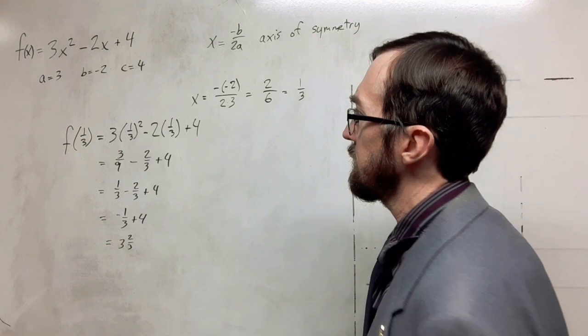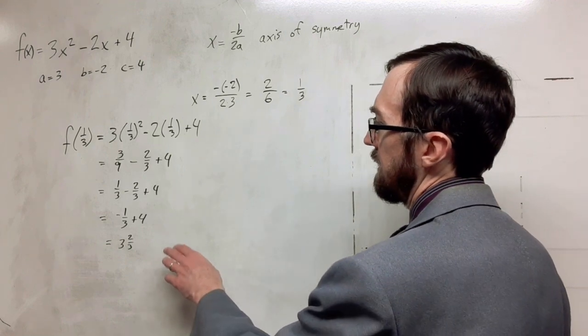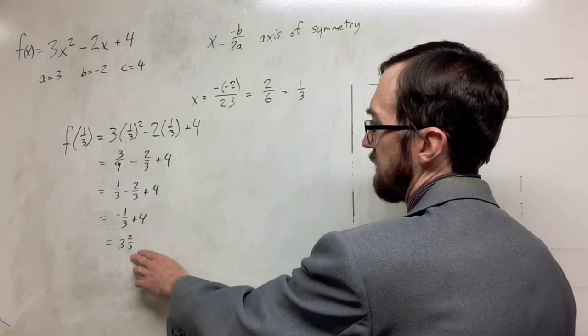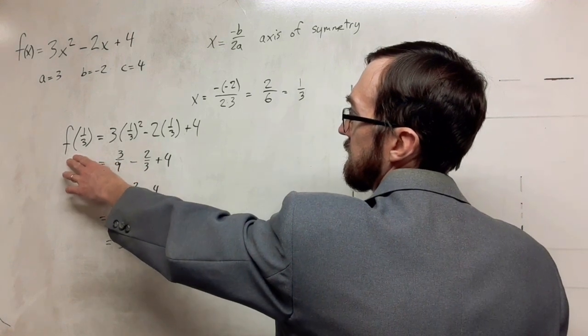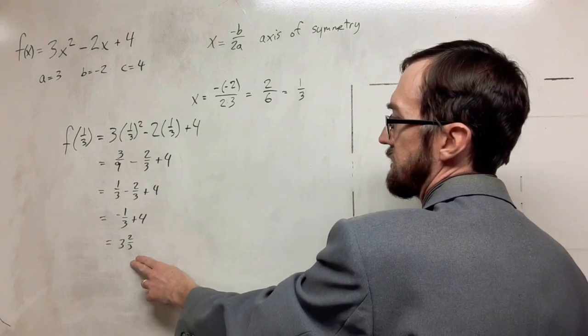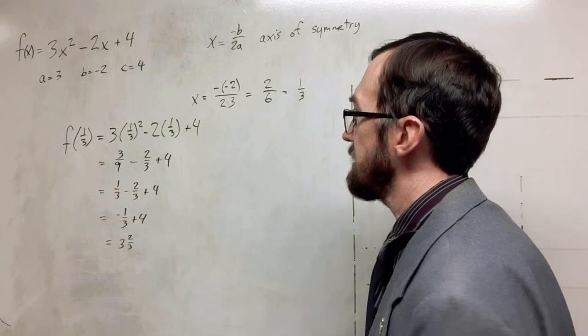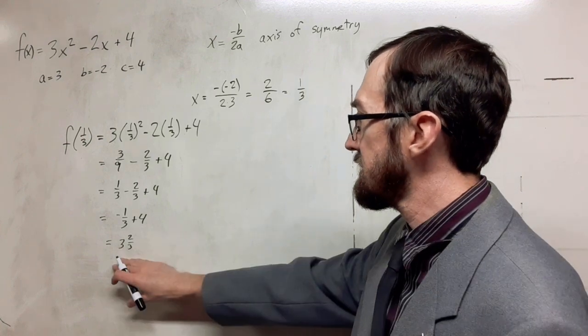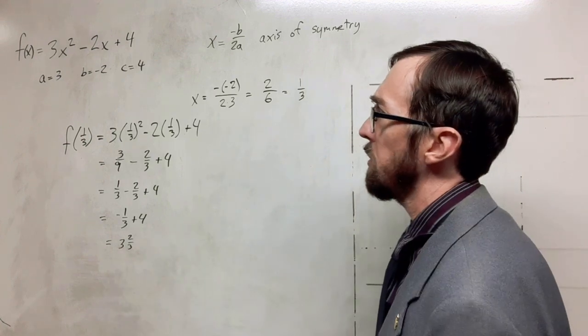Once we run through the simplification, we find that f of 1/3 is going to be 3 2/3. This is going to be the local maximum or minimum.